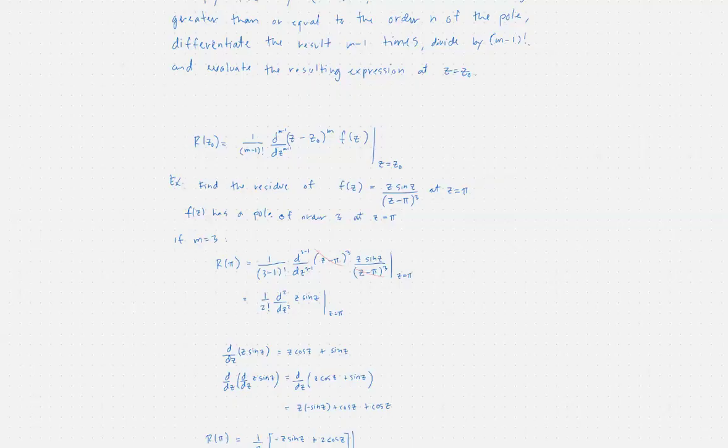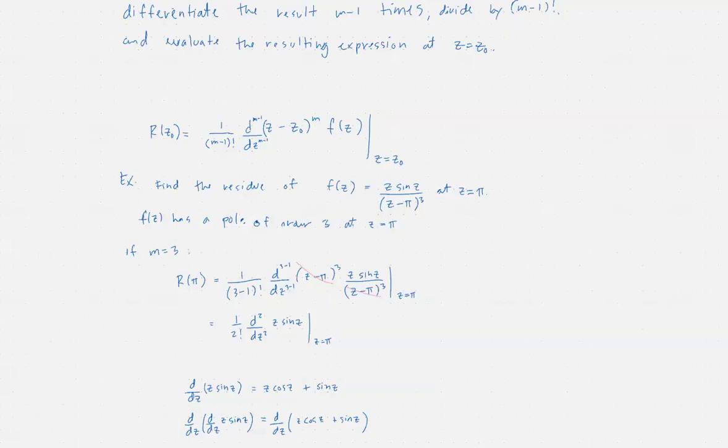It could be a simple pole or multiple, and we only need to take the residue, or the sum of the residues, and multiply by 2πi. But remember that the singular point should be inside your simple closed curve C. Otherwise, you don't include it. You will see that later in some examples.